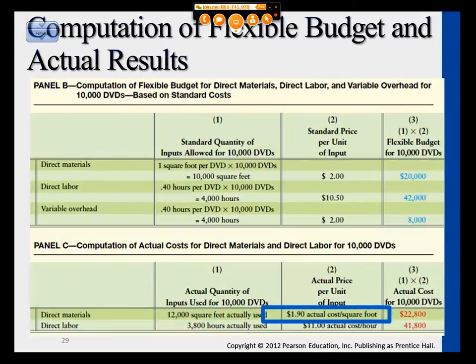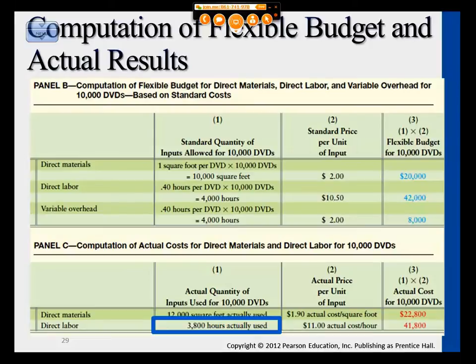So I know my actual price per unit of input is $1.90, which was the actual cost per square foot. I estimated my standards at $2 of cost per square foot, and now I have my actual cost for 10,000 DVDs. So here you go, it's $22,800.